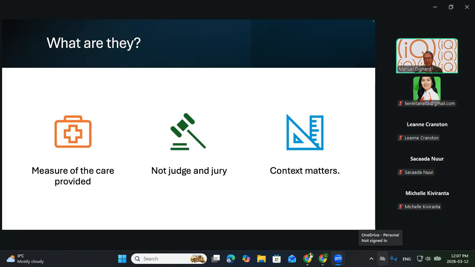Instead, what they do is help guide quality improvement by identifying trends and supporting clinical decision making. And perhaps one of the most important things to remember: context matters. Each number here is tied to a real person. So reviewing quality indicators effectively means understanding the story and the circumstances behind that data.